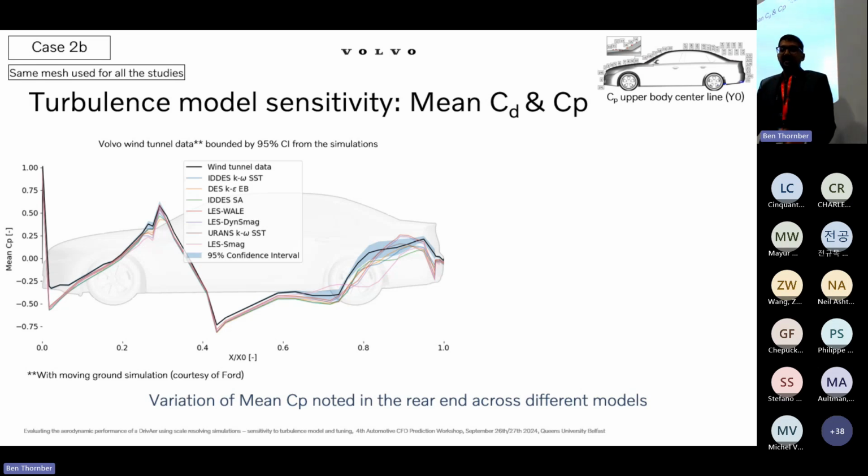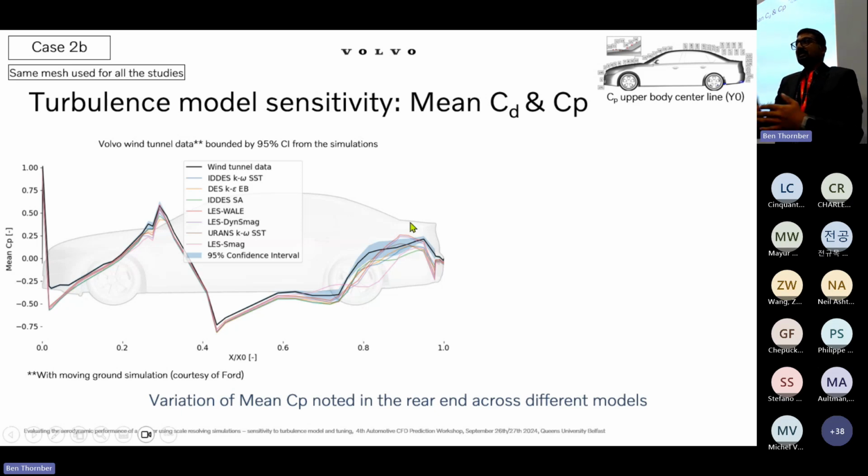And here I did a little bit of a thought experiment: what if you impose the 95% confidence interval from the simulations onto the experimental data? Now, this is actually not the case. The experimental data is definitely a lot tighter, as Burkhardt explained. But I just wanted to give a scenario where, even if we had a really large spread in the experimental data, we see that our simulations are not even fitting in that.